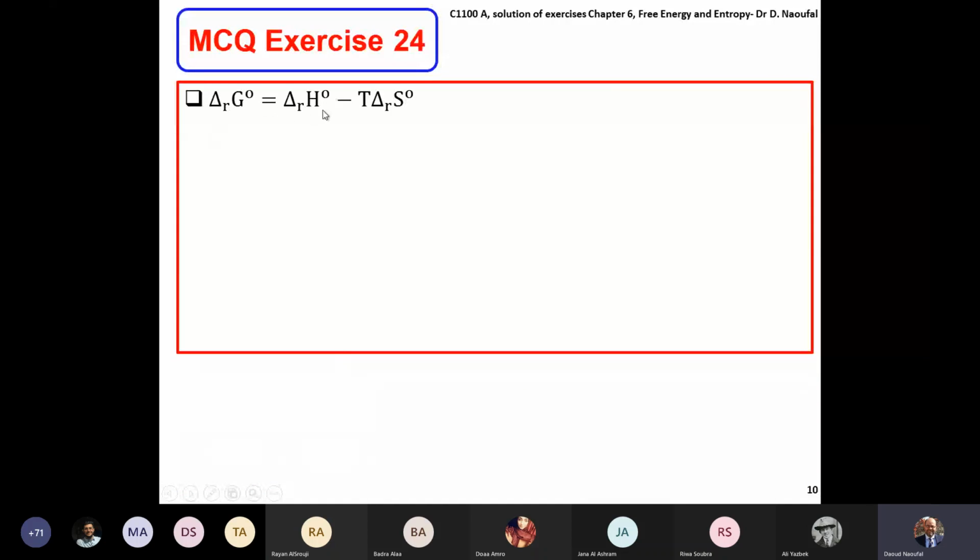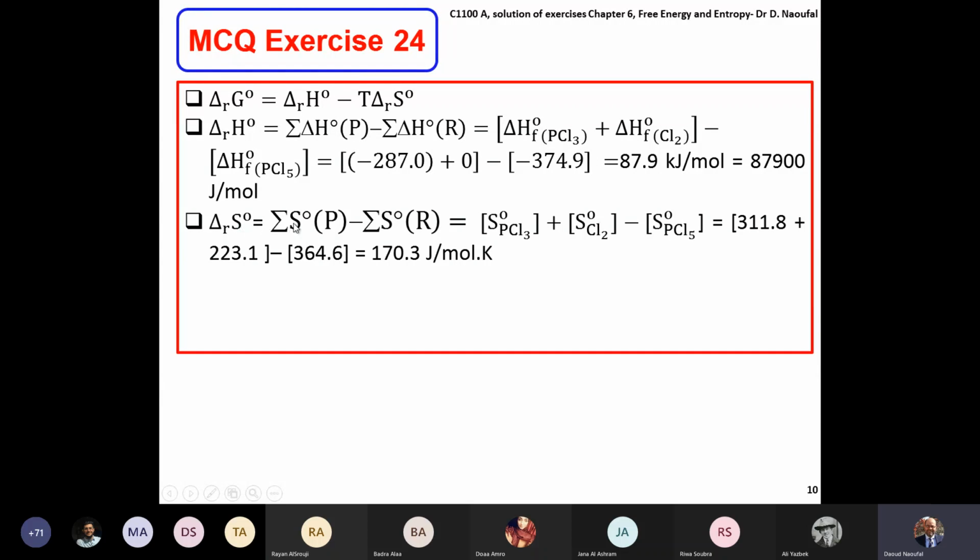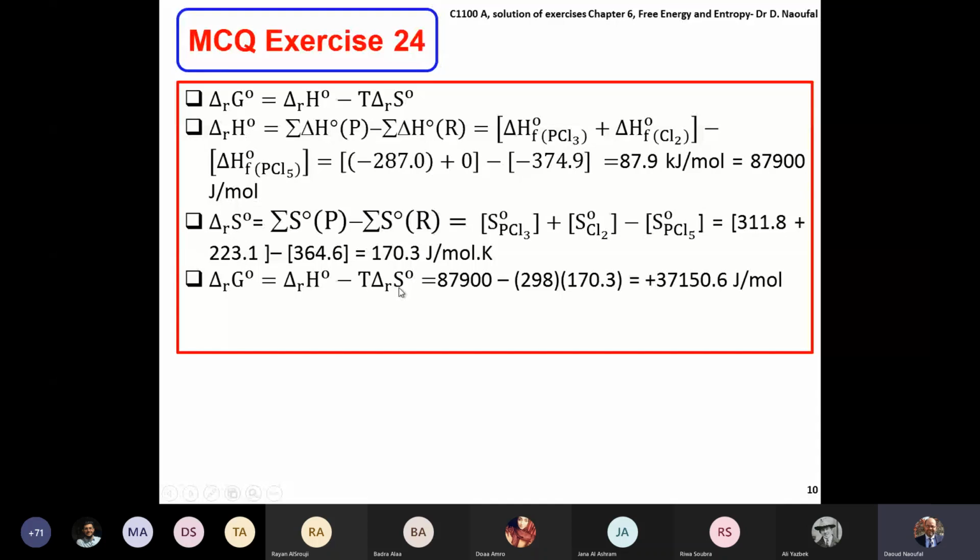Delta G0 of the reaction equal delta H0 minus T delta S0, and delta H0 equal delta H0 formation products minus delta H0 formation reactants, okay, and delta H0 formation are given, so we obtain delta H0. By the same way, delta S0 of the reaction equal S0 product minus S0 reactants, and we calculate delta S0 of the reaction. Therefore, we calculate delta G0 equal delta H0 minus T delta S0 of the reaction.